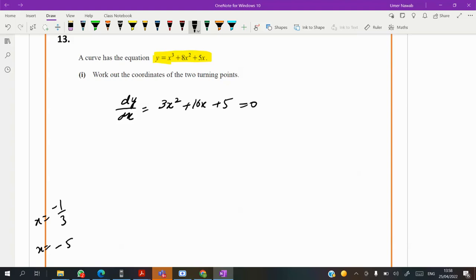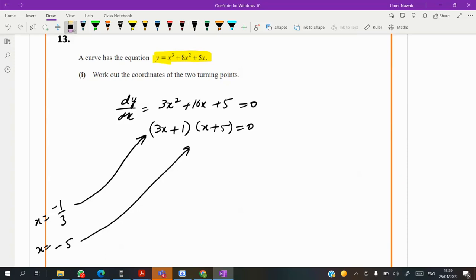Write these values in factor form. So in factor form, it should be 3x plus 1, and this one in factor form will be x plus 5. Otherwise, the examiner will not give you marks if you write the answers directly. And if you want to write the step in between, how the factorization was done, you can expand it.